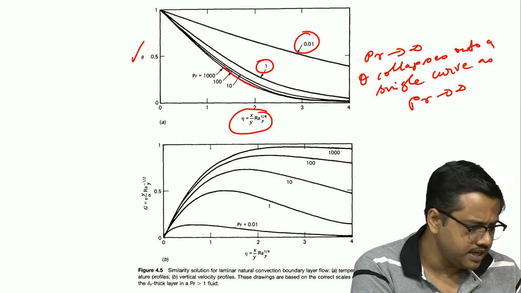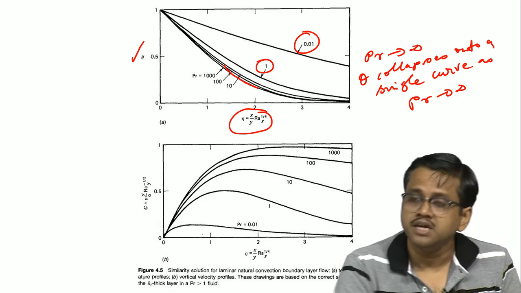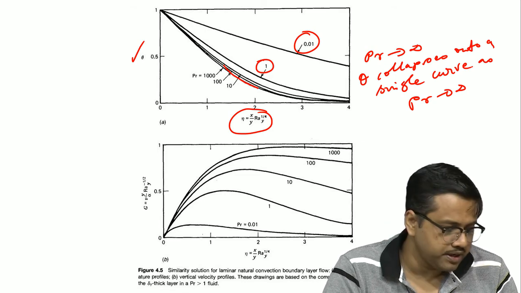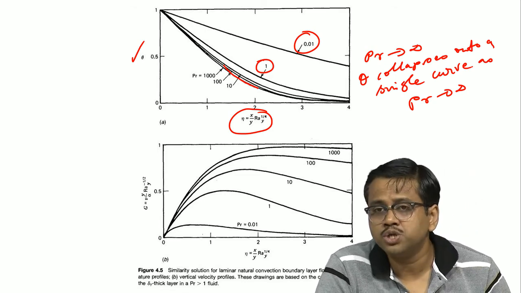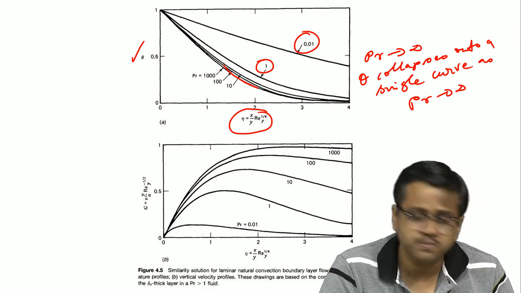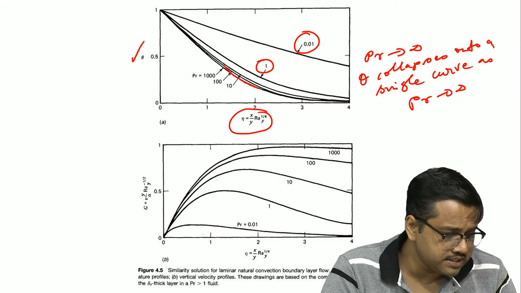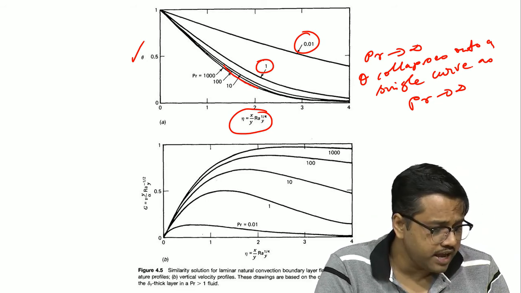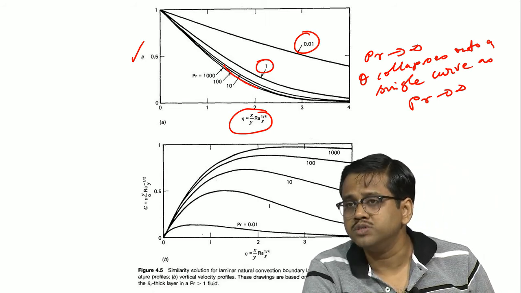Now, the question is why should all these Prandtl numbers, all the temperature profiles, merge in that particular way? Why it should merge is because if you look at the corresponding Nusselt number profiles and other things, you will find that when you have a high Prandtl number fluid, the Prandtl number dependence basically goes away.